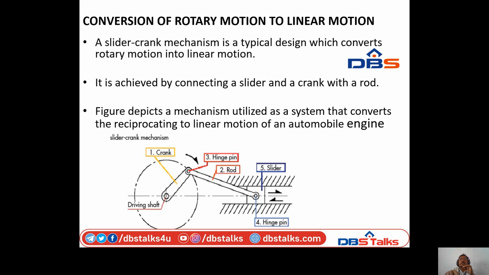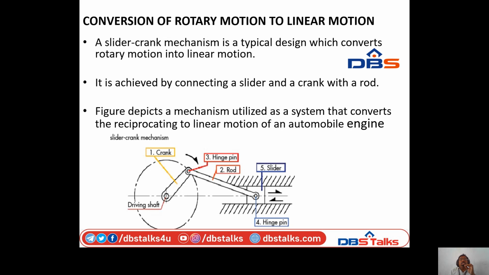Once you see the figure, once this lever is rotating, the slider slides in translatory motion. A slider crank mechanism is a typical design which converts rotary motion into linear motion.